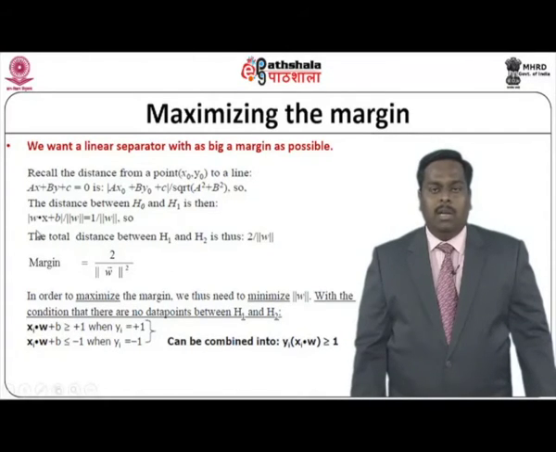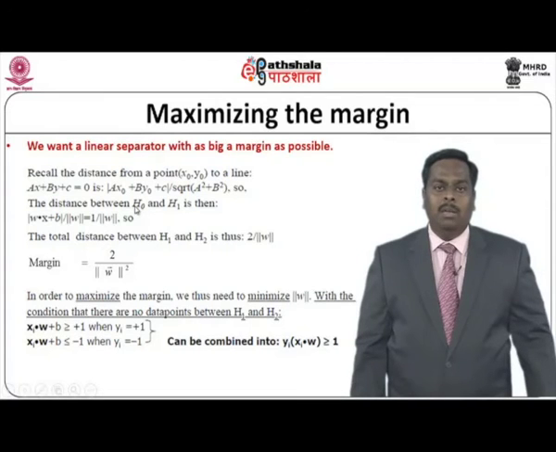So, this equation, W into x plus b divided by norm of W, is equal to 1 by norm of W. This is for one boundary with respect to the median h0. Similarly, we have another boundary with respect to the median, that is h2.